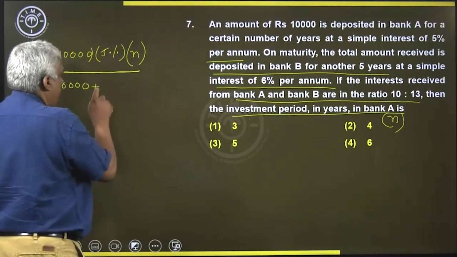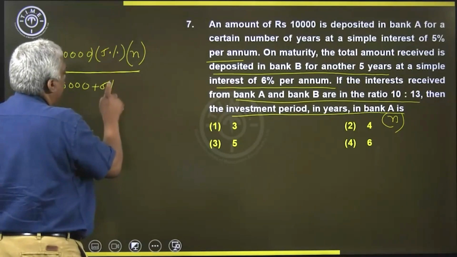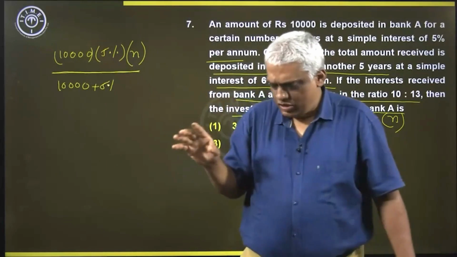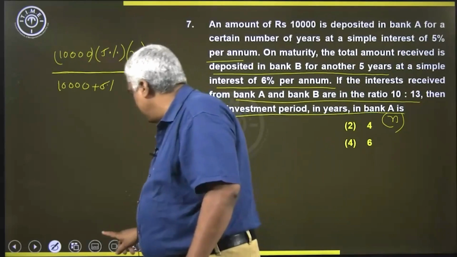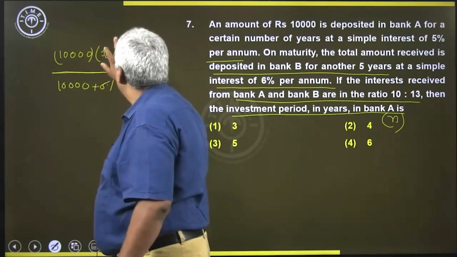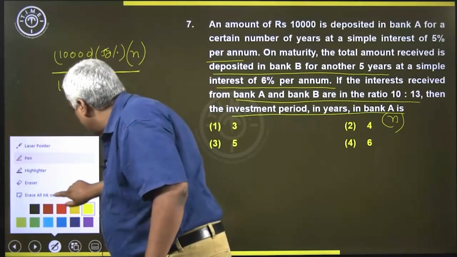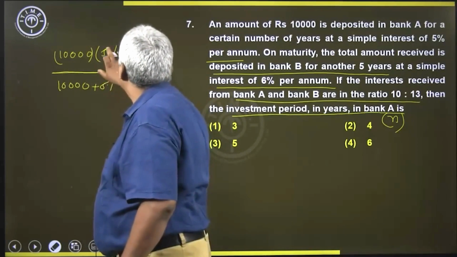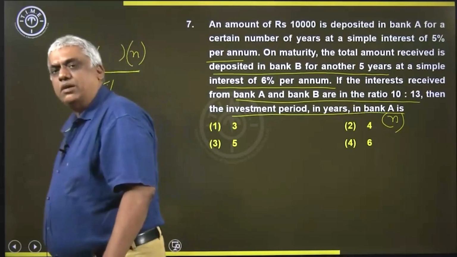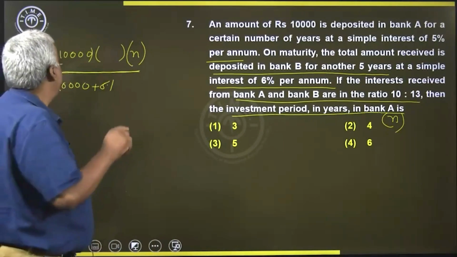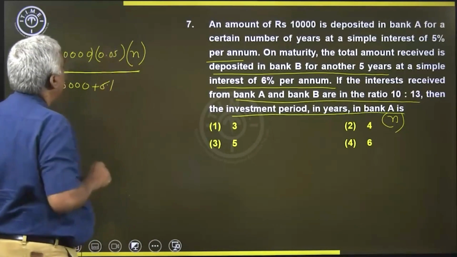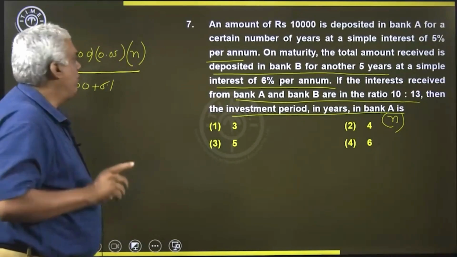I can write 5% as 5 by 100, so that will be 0.05. I am writing 5% in decimal terms, so 0.05 into n. This is the interest received from bank A.